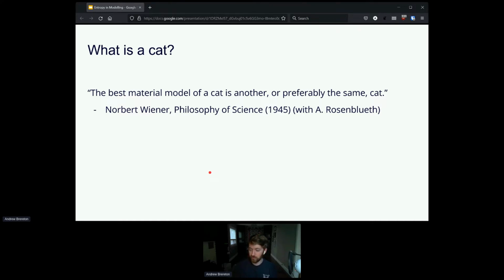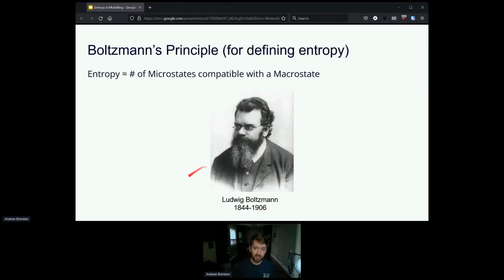By this, he means that the more descriptive your cat model is, the closer it becomes to actually just being that identical cat. That poses a problem for us because the model itself stops being useful as it gets too complex.